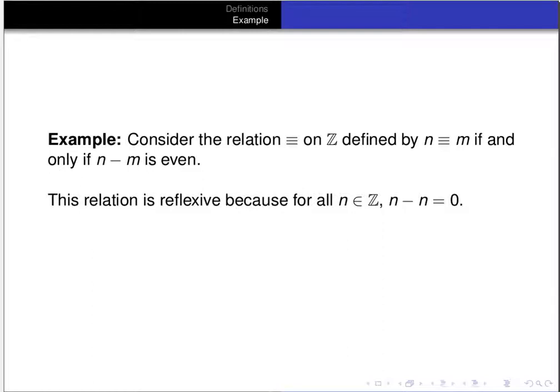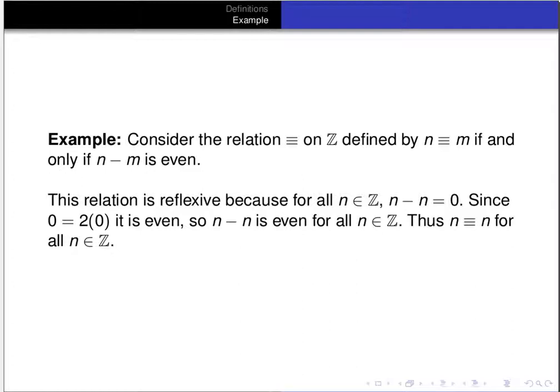And of course that's true because for an integer n, n minus n is equal to 0, and we classify 0 as an even number since it's equal to 2 times 0. So n minus n is even for all integers n, and so for all integers n, n is related to n. That shows that this relation is reflexive.